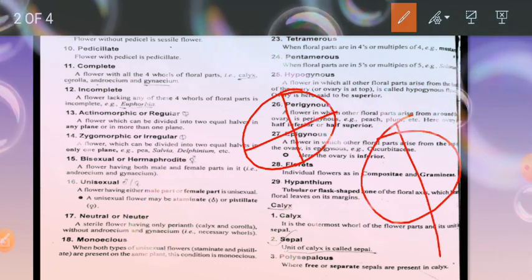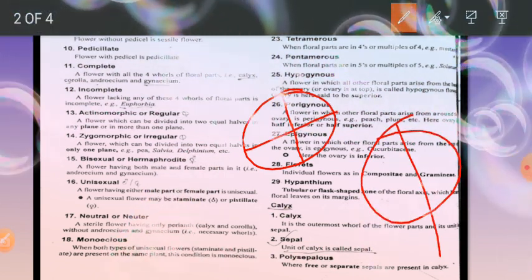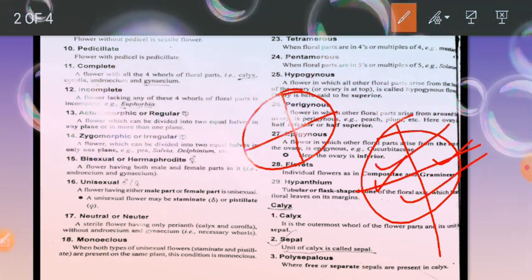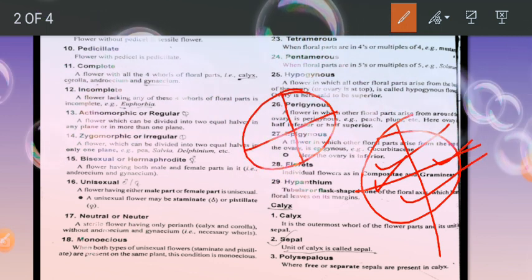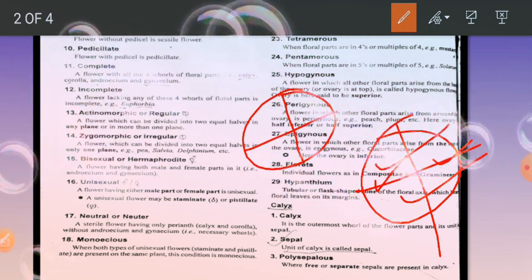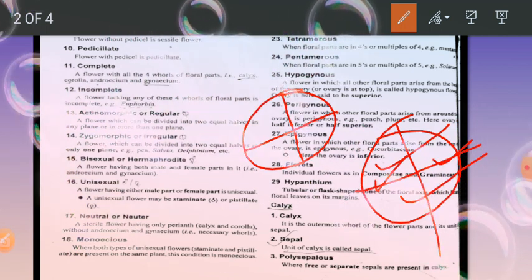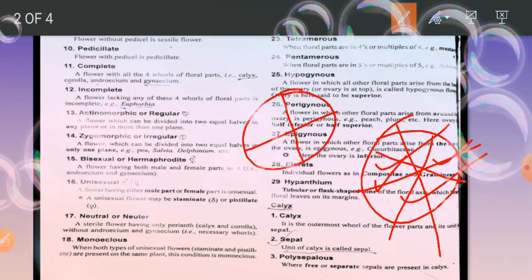Suppose we divide a flower, either longitudinally or vertically, and it is completely divided into two equal halves in any plane, then this is known as actinomorphic.